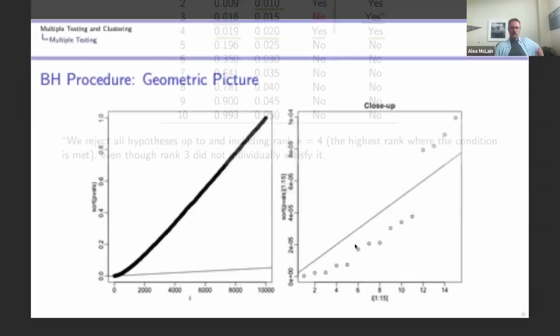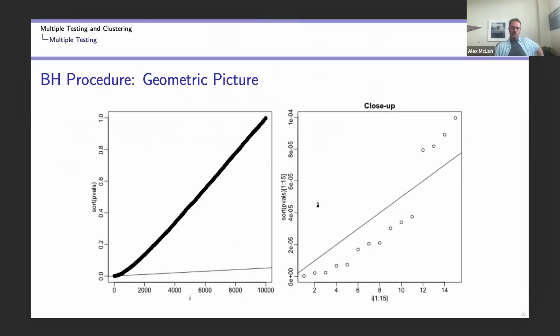So here's a little look graphically at how this could work. Here are the p-values. These are all sorted. We have 10,000 p-values, and this is all of them. On the right, we're only looking at the first 15 or so. The line here is the Benjamini-Hochberg threshold. So we can see that the first 11 are all below, and then we are above after that.